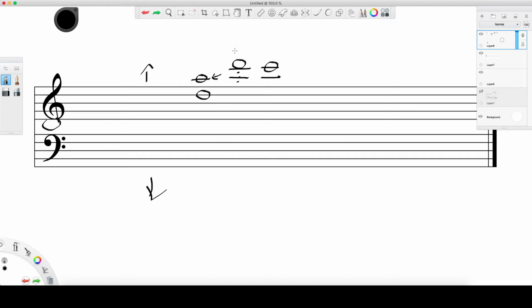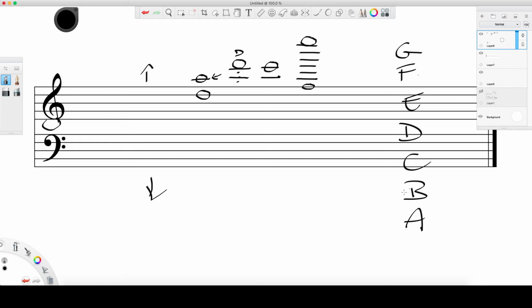So you can really just keep using the alphabet and using ledger lines to any degree you want. You can figure out what note it would be by saying, if this top line here is an F, and I put the alphabet just for some help, A, B, C, D, E, F, G, and then we go back to A and repeat.